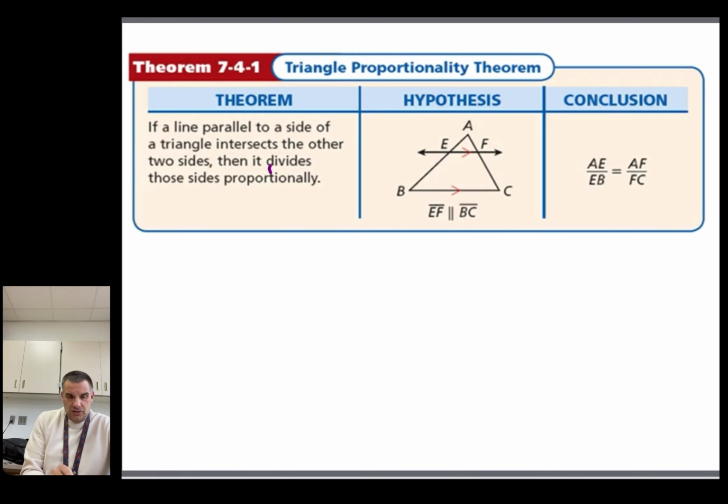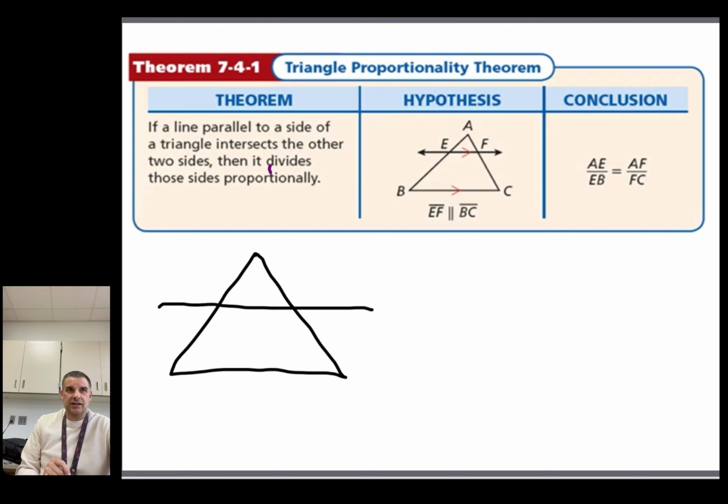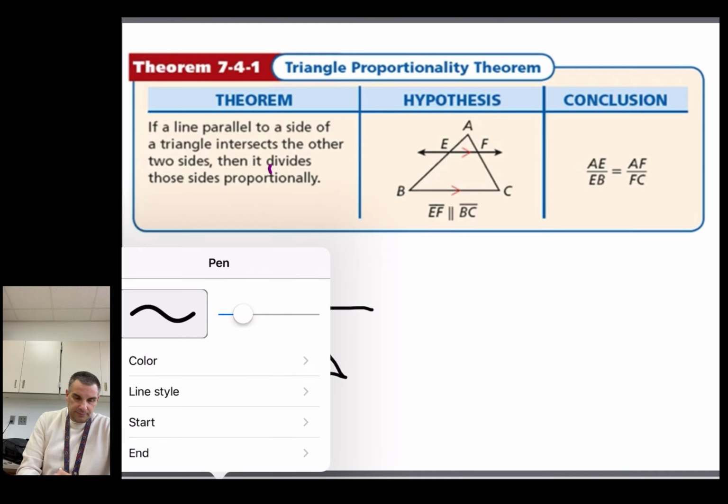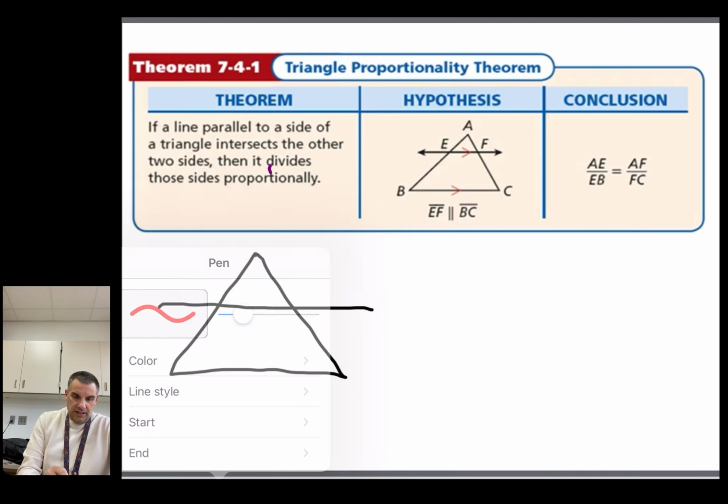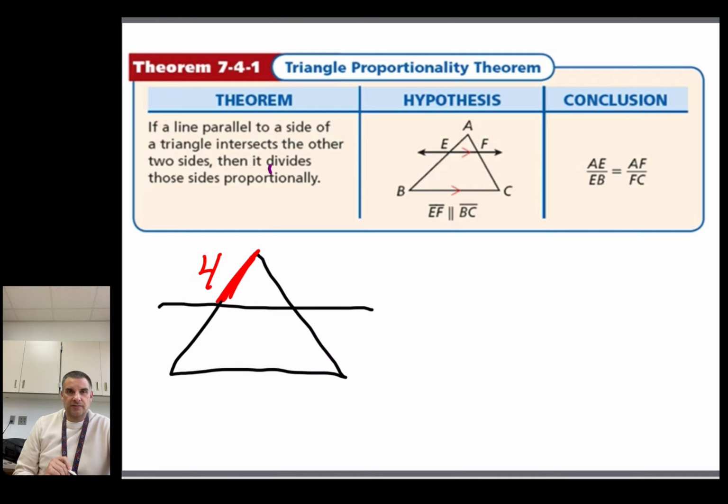So if you look at this drawing, what this essentially says is if we have this triangle and we've got a line that intersects here, this top piece here, let's give it a distance of 4.